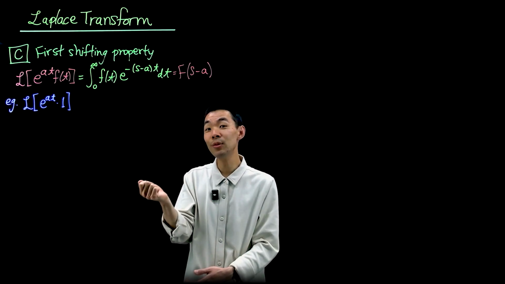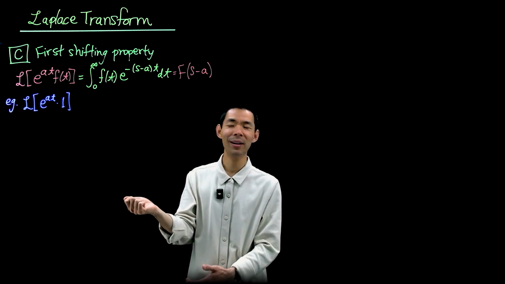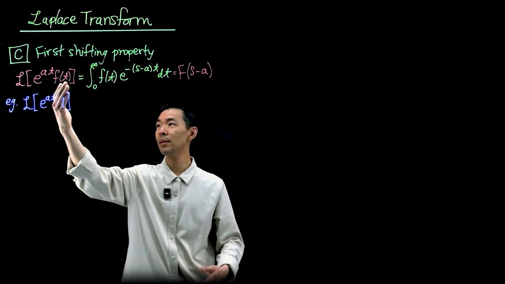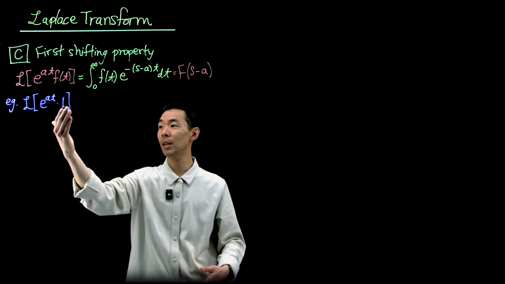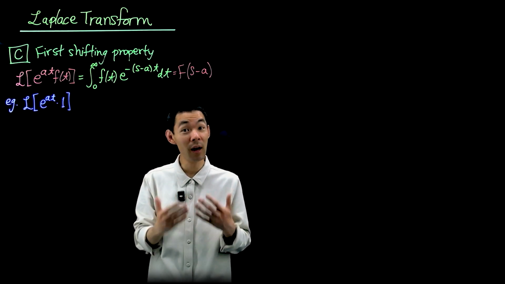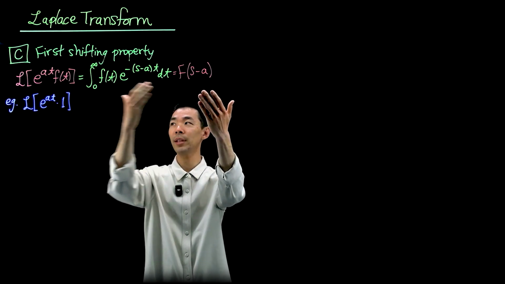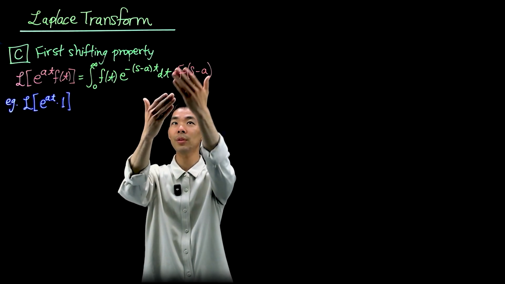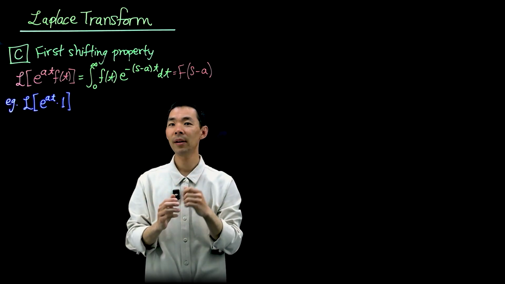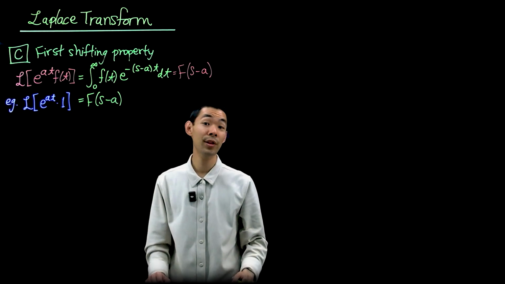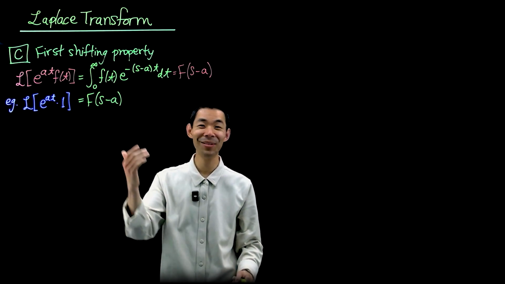I don't even need to use the definition anymore, because this is written like above, e to the at times some function of t. In this case, it's just a constant function equal to 1. So according to this shifting property, this is just equal to capital F of s minus a.